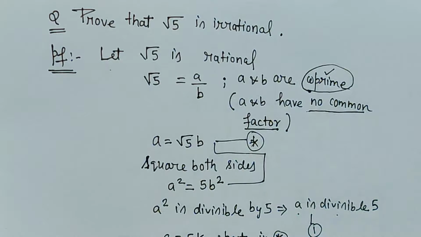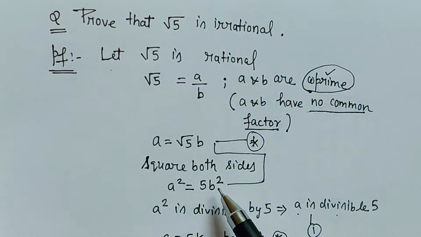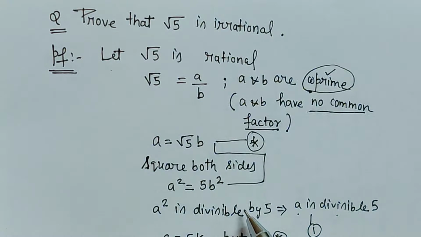Now, what is the key point? The key point is that 5 multiplied with b square is equal to a square. What does it mean? It means that a square is divisible by 5, isn't it? And if a square is divisible by 5, this implies a is divisible by 5.